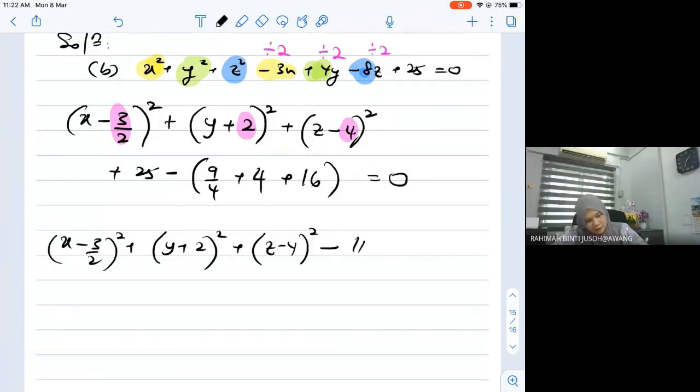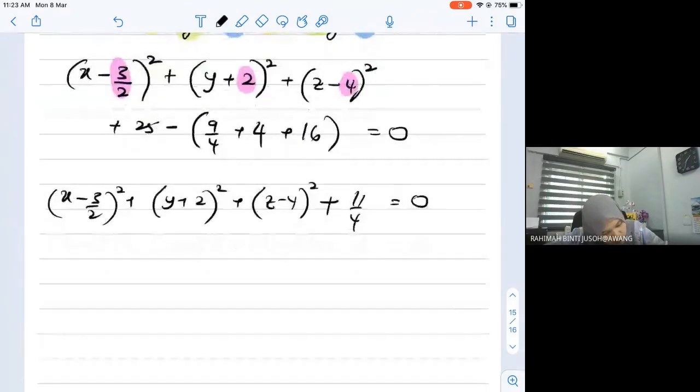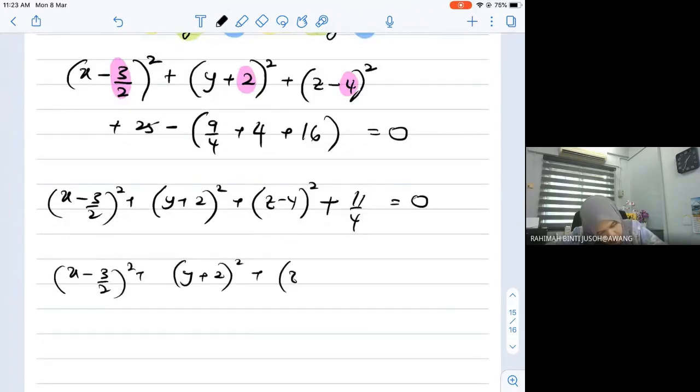So equals to 0 like this. Right? No, it is the wrong way round. It should be like this. Okay, so your equation will be like this: plus y plus 2 squared plus z minus 4 squared equals negative 11/4.